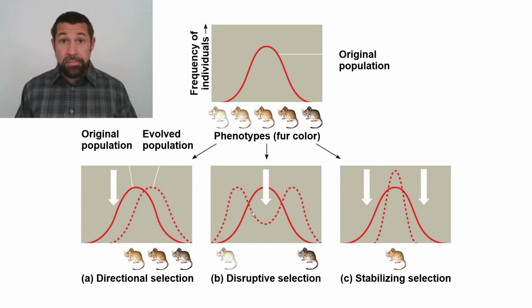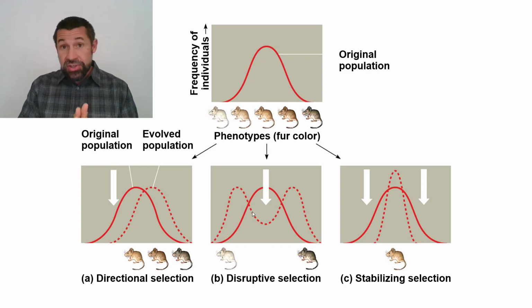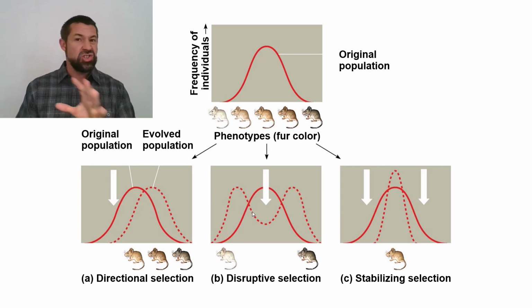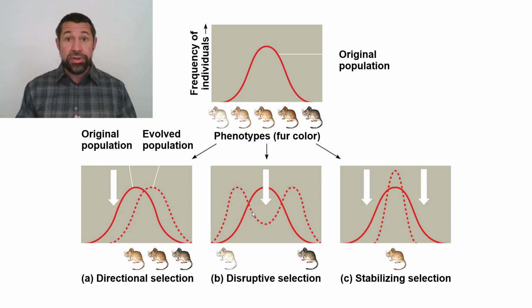And then the final example of selection, stabilizing selection, occurs when one phenotype provides such a powerful selective advantage. It's just hands down better than the other phenotypes. And what happens is the alleles that code for the other phenotypes are dramatically reduced, as you see on the bottom right there, the stabilizing selection. Just one phenotype is exhibited.